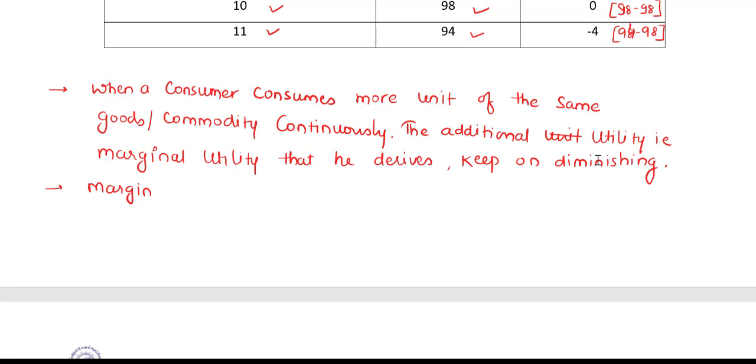Marginal utility can be zero at a certain point of time.